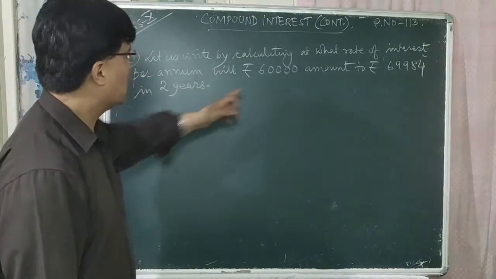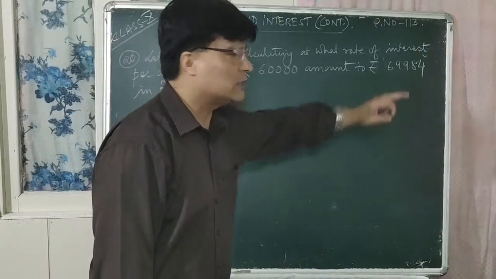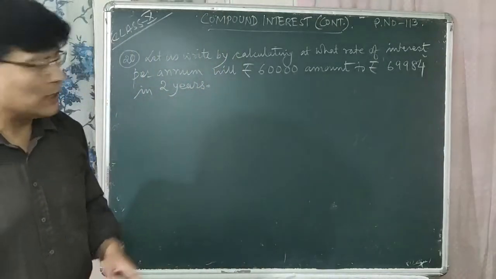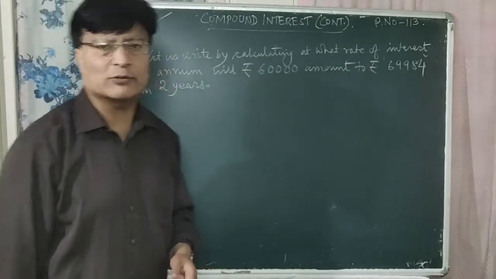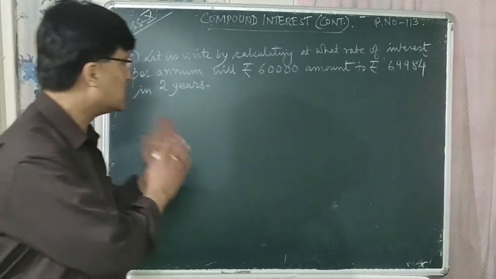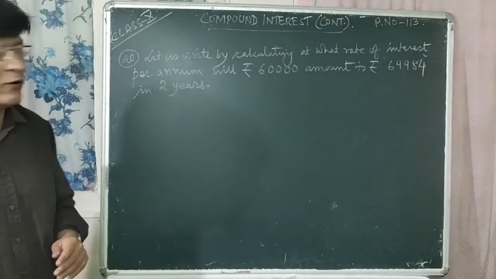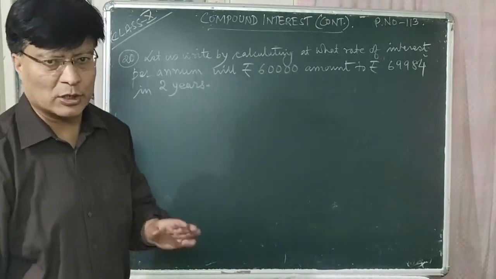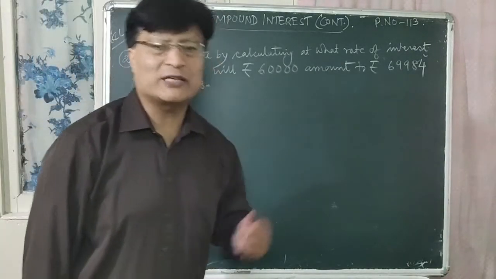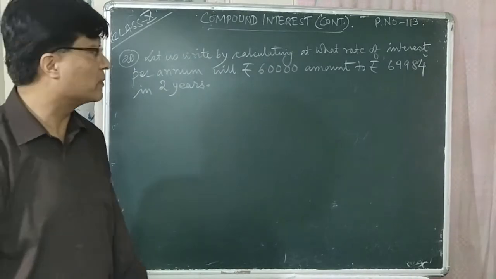So here the amount given is 69,984, and 60,000 is the principal. That is, 60,000 will amount to rupees 69,984 in 2 years. So you have to calculate the rate of compound interest per annum, right?